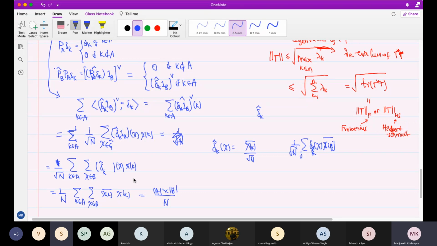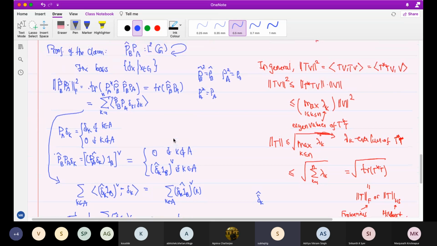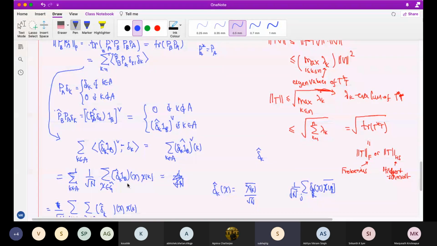Sir, is that a delta J of K or delta J of chi? This is delta K hat. No, not there, in the definition below, where you prove that that would be chi K bar by root n in the summation. What I wrote was the definition of the Fourier transform. Let me write it; I wrote it shabbily.